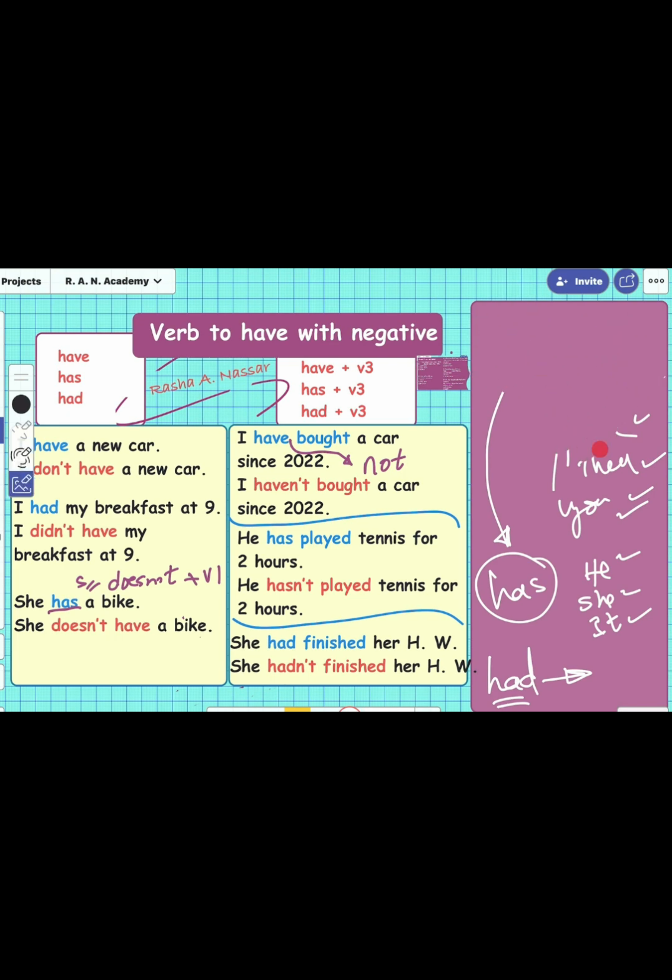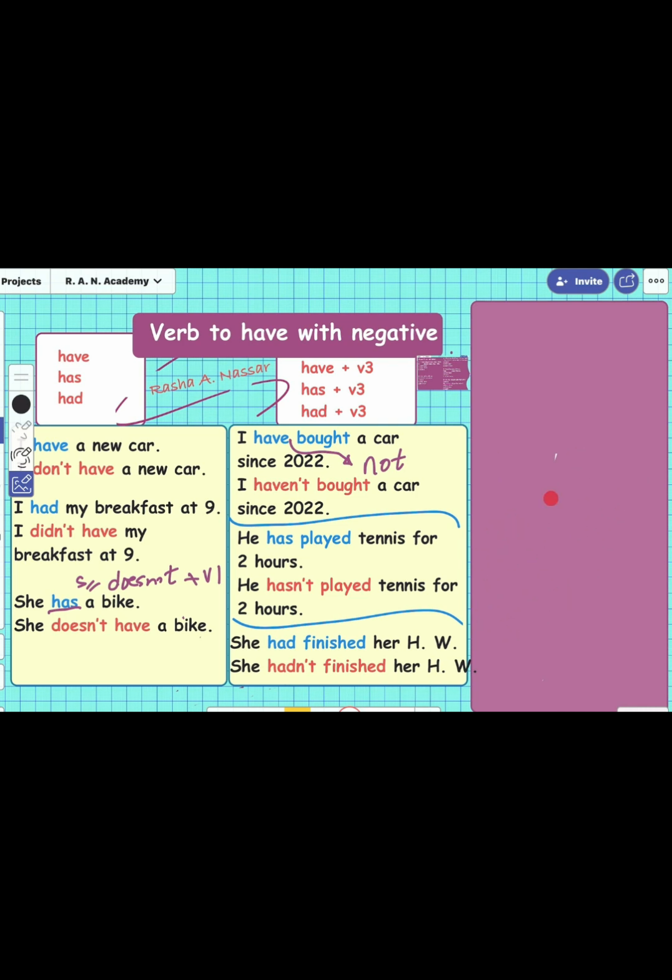So let's see together the summary of our rule here. I will write here: if you see have alone, it means one verb only as a main verb, so you will change the sentence into negative by using don't have.